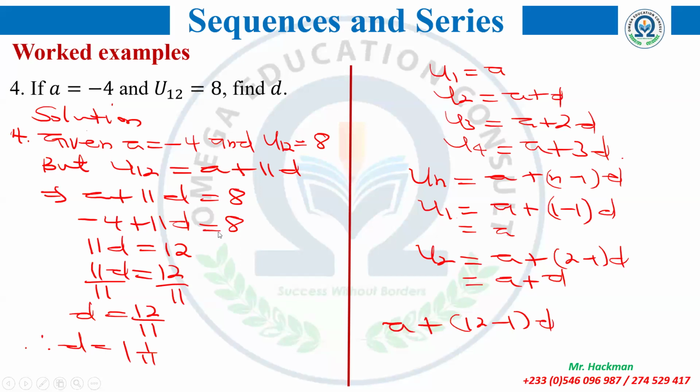Here someone will write 8 plus 4. That is not necessary. You can do that mentally because you know that 8 plus 4 will give you 12. So don't go and write it. Yes, please. Thank you. You are welcome.